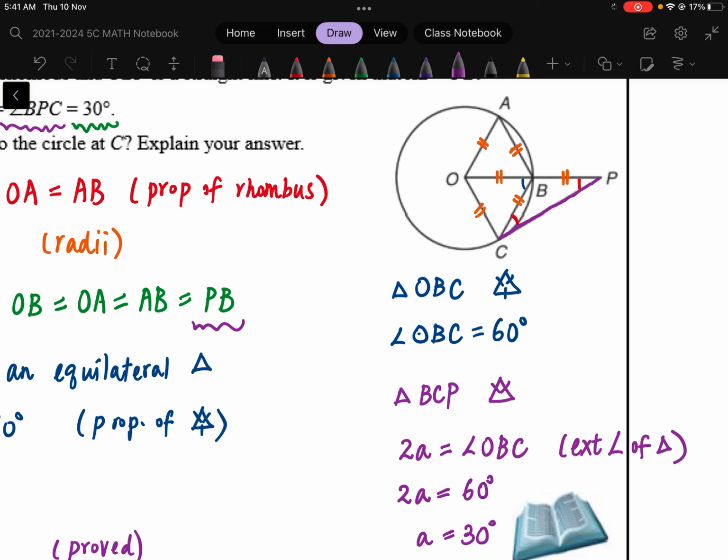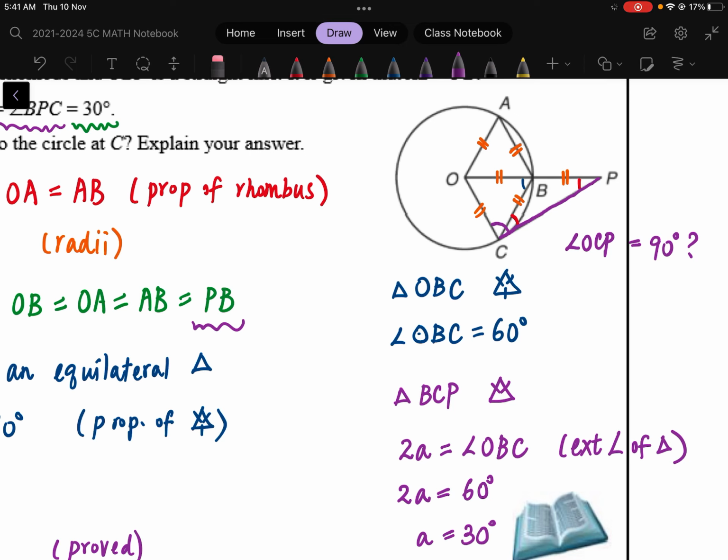In order to show that PC is a tangent, I have to find angle OCP. If angle OCP equals 90 degrees, then PC is a tangent. So that's why I put a question mark here.